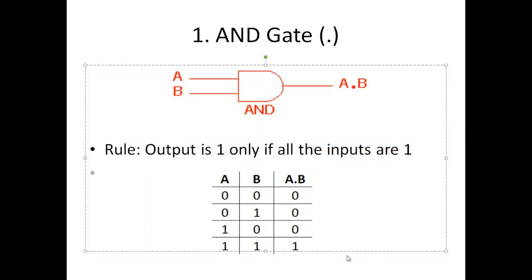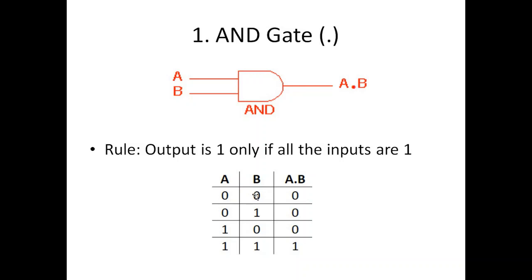Now this here is known as a truth table, and for every gate you should know how to make the truth table. If both inputs are 0, output is 0. If one input is 0 and the other one is 1, still it is 0. Why?